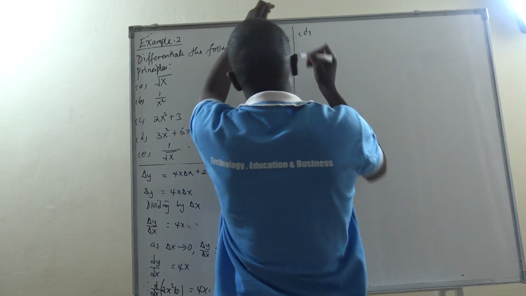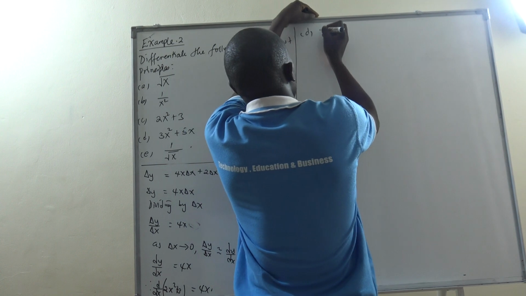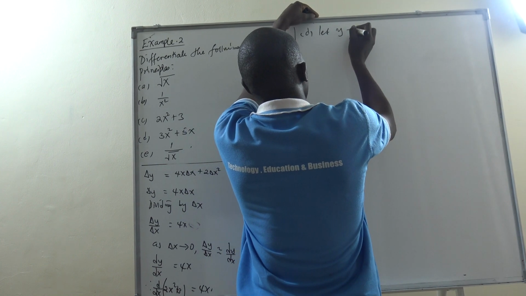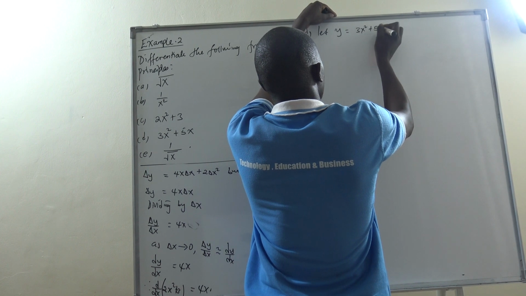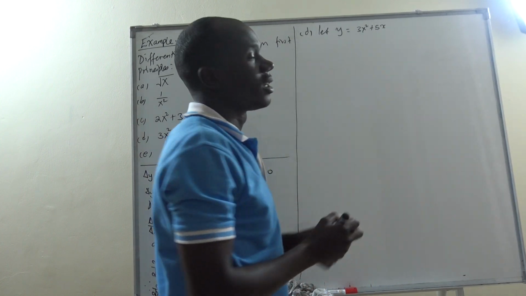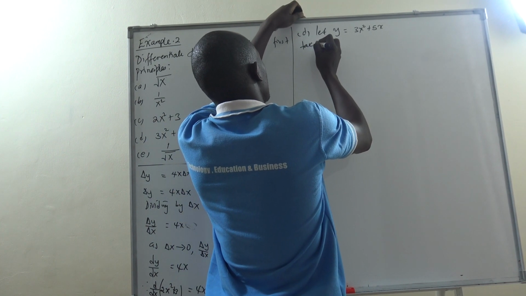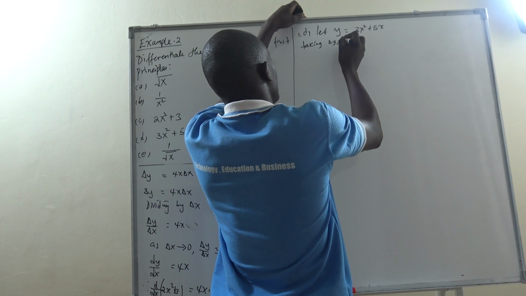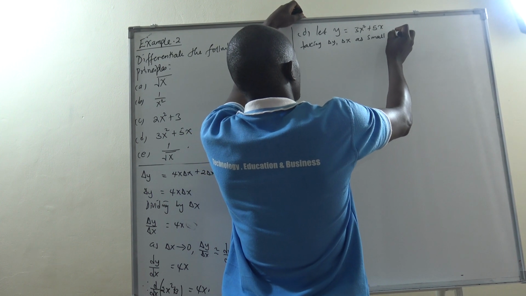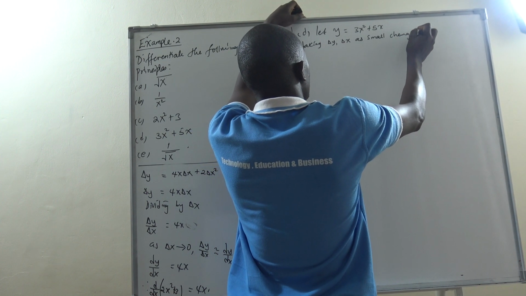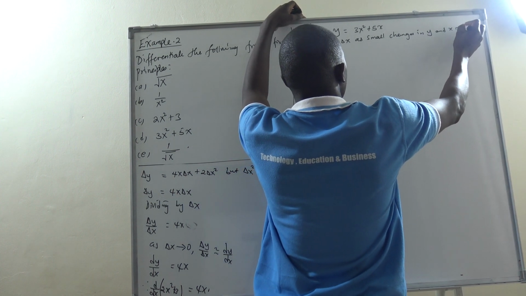We're on part D. What is it saying? You see, I'll say let y equals 3x squared plus 5x. So we also say taking delta y, delta x as small changes in y and x respectively.